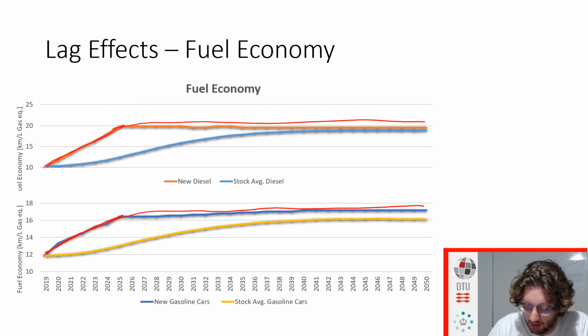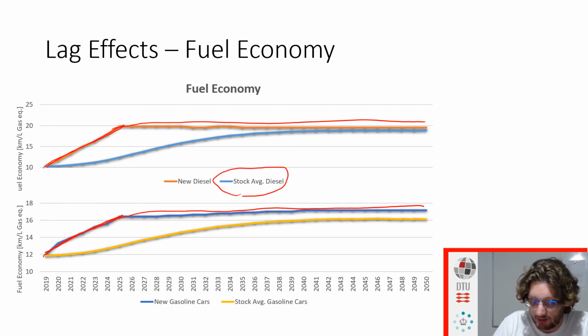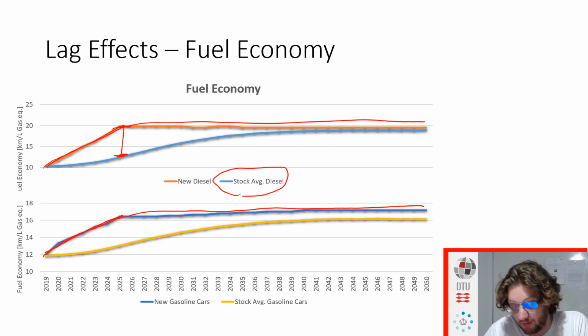So here we have the fuel economy in kilometers per liter gasoline equivalent for new diesel cars versus for the average stock. As you can see, there is a really big lag between a new car in something like 2025 and the average, and that's just because most of the stock at this time is so old that the fuel economy is so bad because of the age compared to a new car.